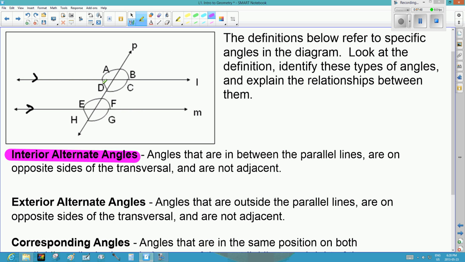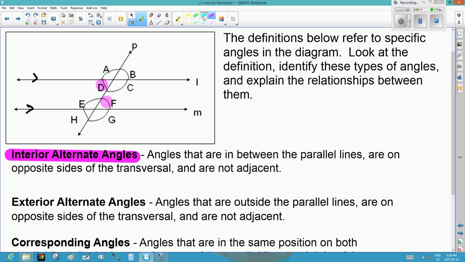So it would be something like angle D and angle F. They are in between the parallel lines, on opposite sides of the transversal, and they are not next to each other. Okay.